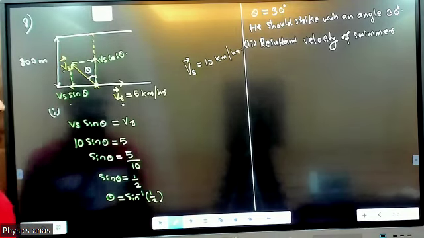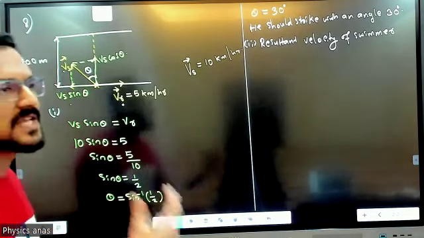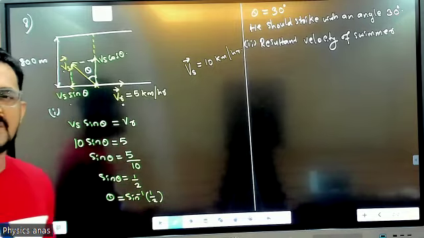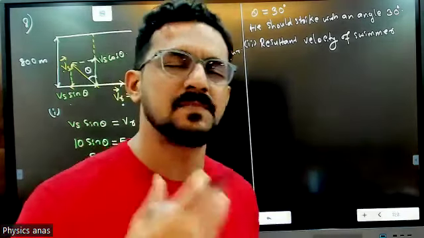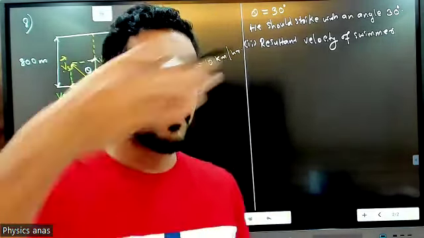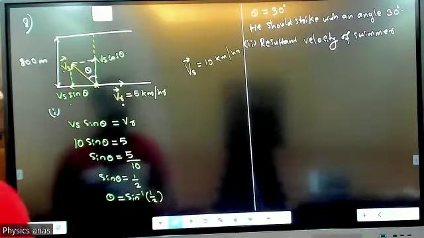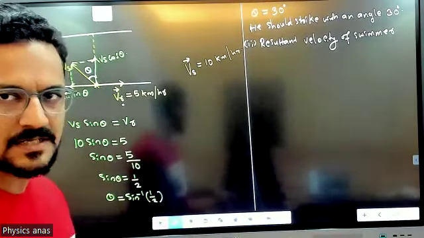Resultant velocity is the velocity he can experience. He can provide this velocity Vs, but he will not get that velocity.